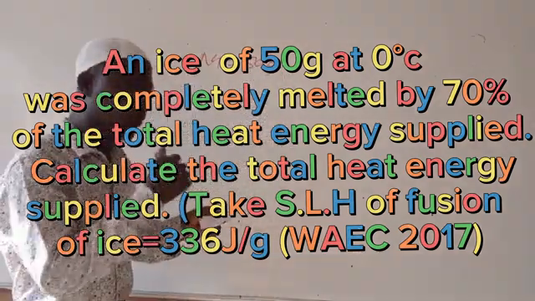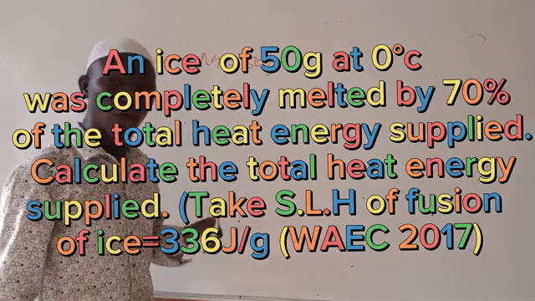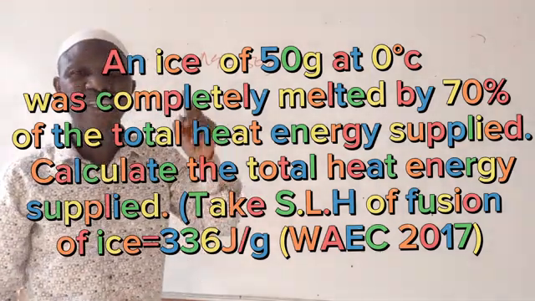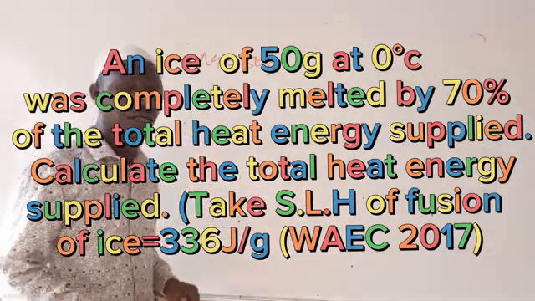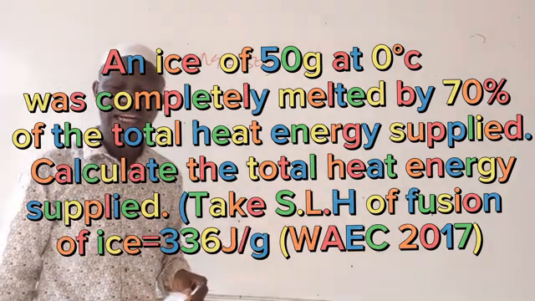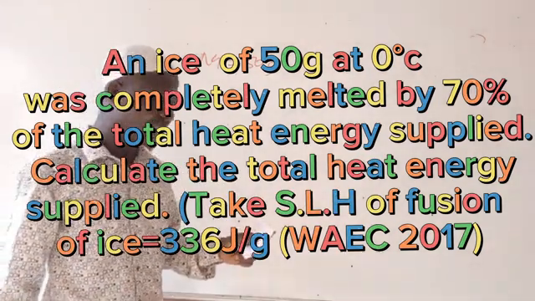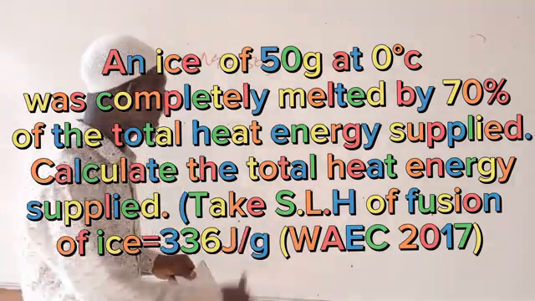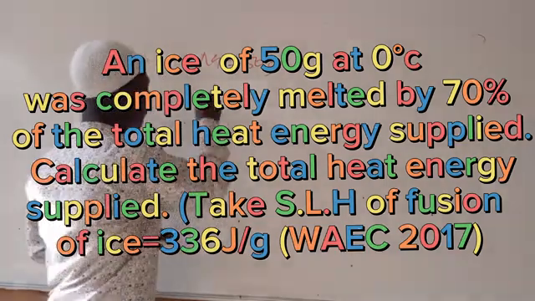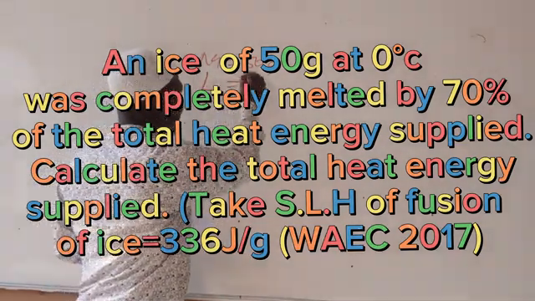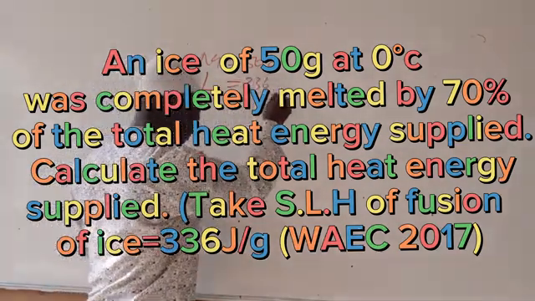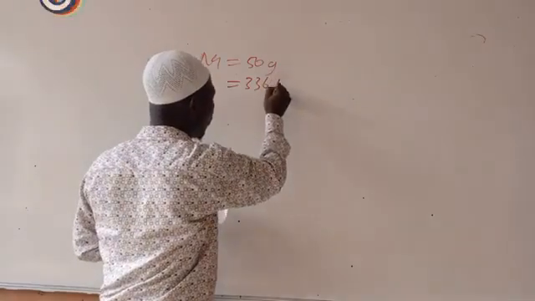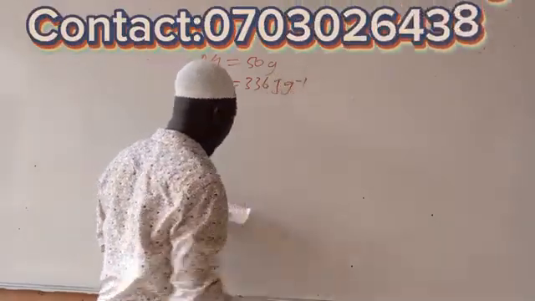Do we need to change the mass to kilogram or not? You need to check any constant in your question. The constant, which is the specific latent heat of fusion, is 336 joule per gram. So in that case, we don't need to change the mass. So our L is 336 joule per gram.